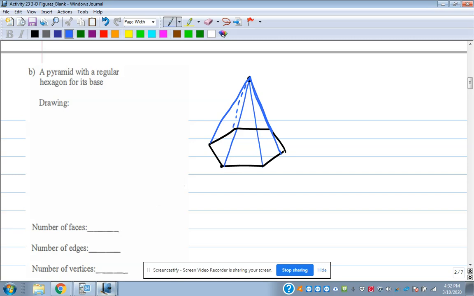But hexagonal pyramid here. Number of faces. 7 faces. Number of edges.